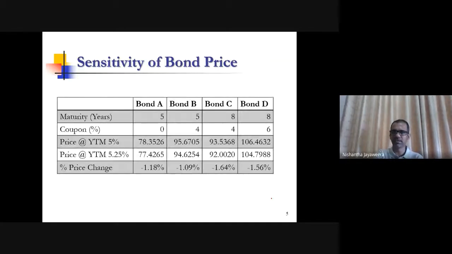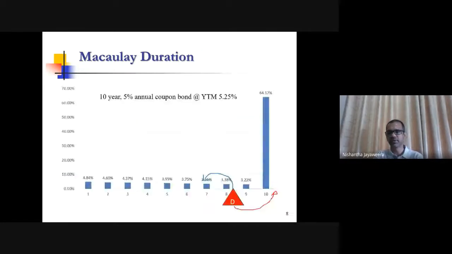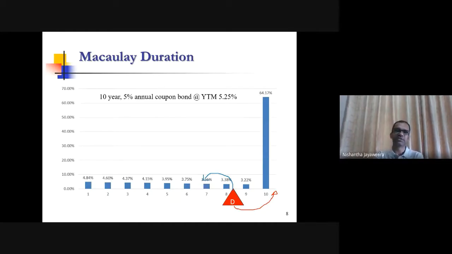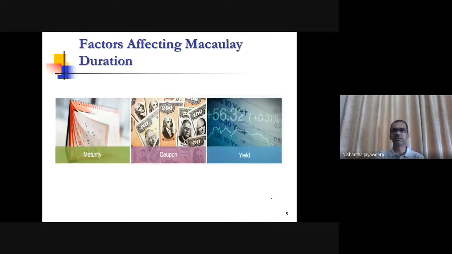So basically, remember, duration measures the sensitivity of a bond price to the interest rate changes. When the duration is high, sensitivity is high. So therefore, for a given interest rate change, price change is high. Duration will change based on the maturity, the coupon and the yield.